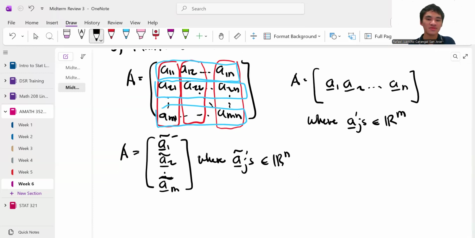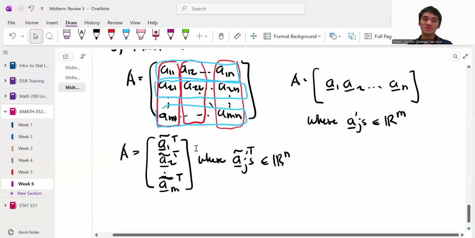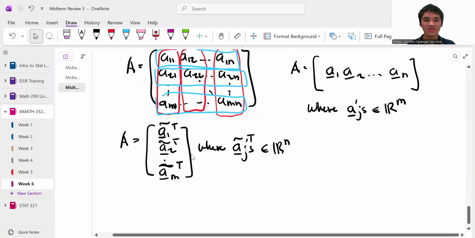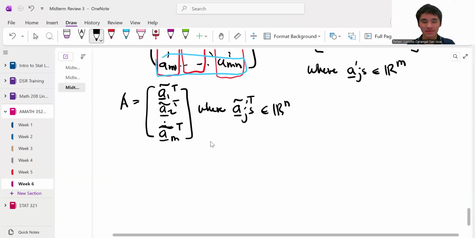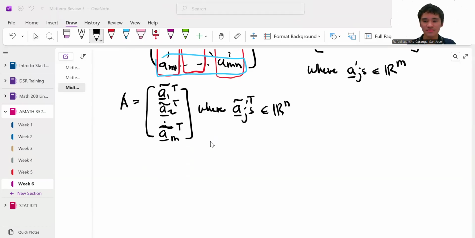And then we also think of it as a transpose. We're transposing from a column vector to a row vector, because by default we think of vectors in this course as column vectors. We will talk about this idea of transpose. When we transpose them, they're going to turn into row vectors. Okay? And so that's how we would like to think of them.